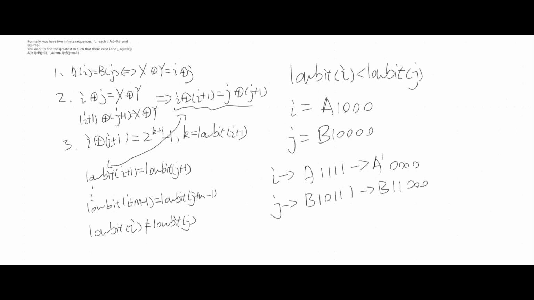So you can see that from now, the low bit of I is 4, while the low bit of J is only 3. So we can see a pattern here: if we increase I and J by the low bit of I, which is 8, then their low bits will become different. Therefore, in this case, M is equal to the low bit of I, which is 8.